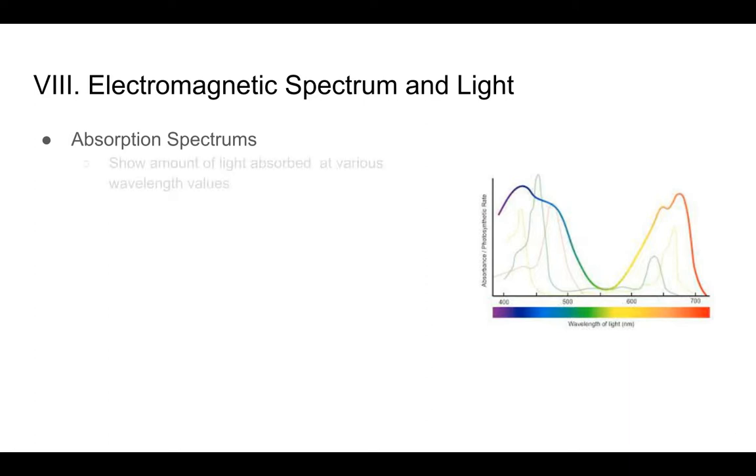So let's talk about an absorption spectrum. Absorption spectrums show the amount of light that is absorbed by an object at various wavelength values. So here's what I mean by that. This, which I already told you is chlorophyll A, is really good at absorbing light waves between 400 and 500 nm.